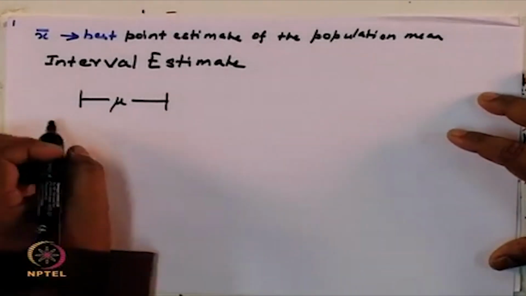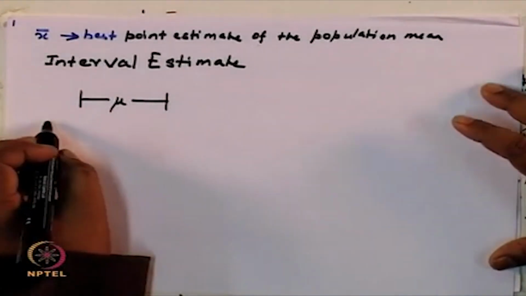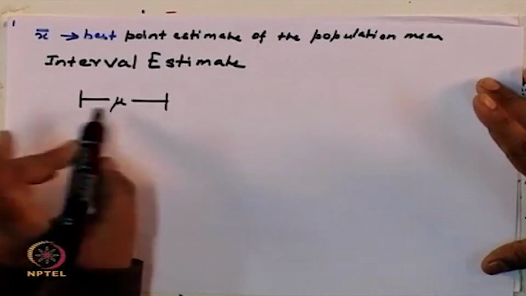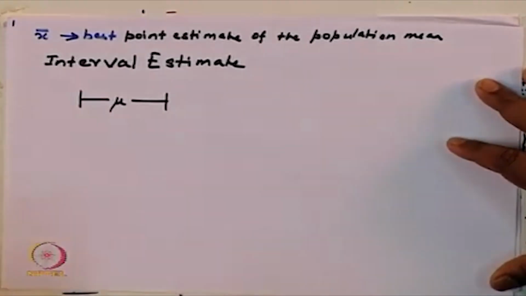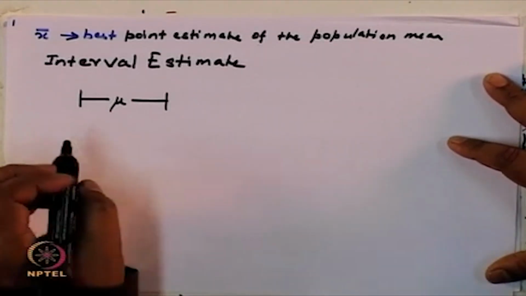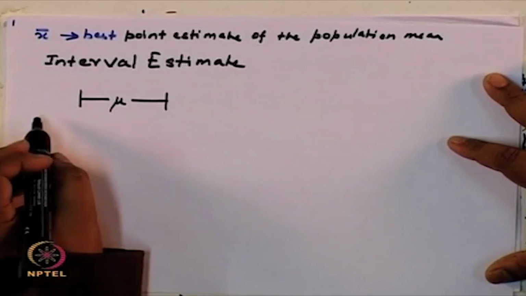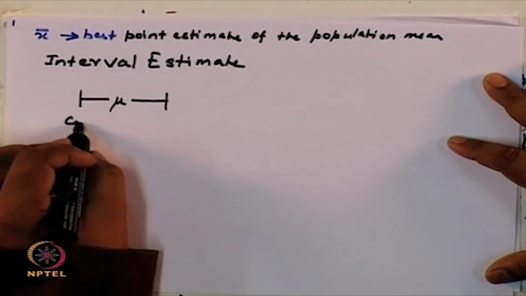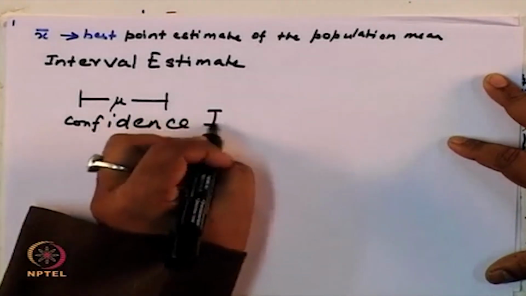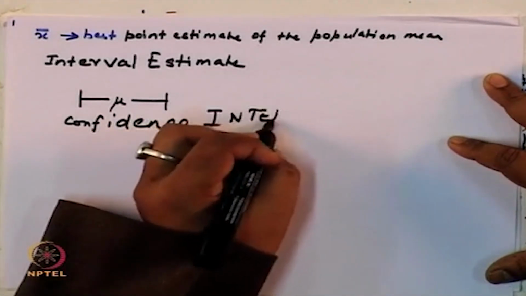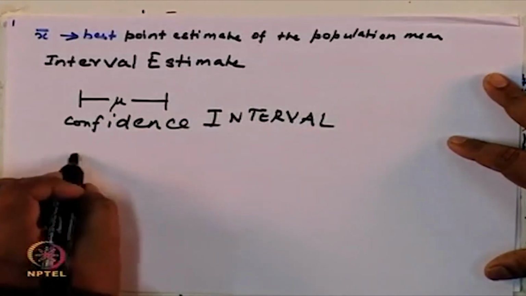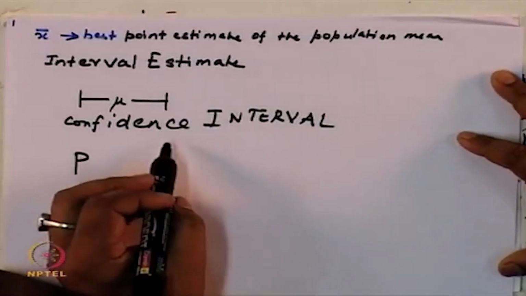This would be a better estimate as opposed to predicting one single value; you give a range over which mu lies. And what we showed was the best way of finding a confidence interval.